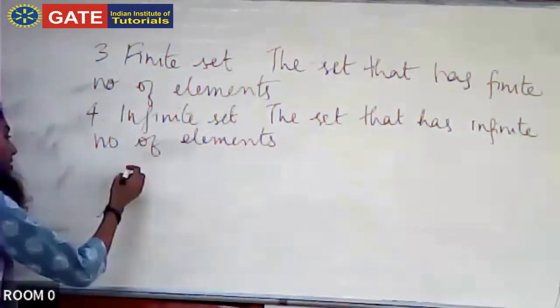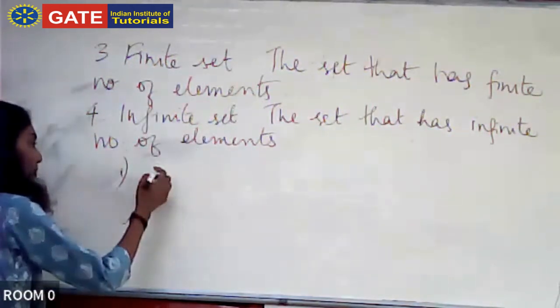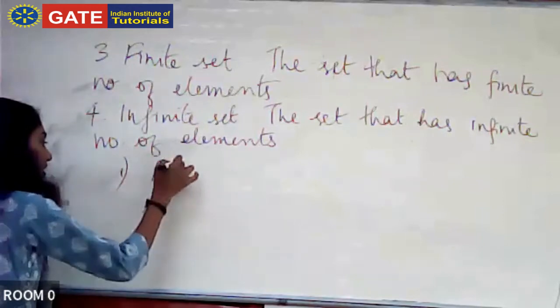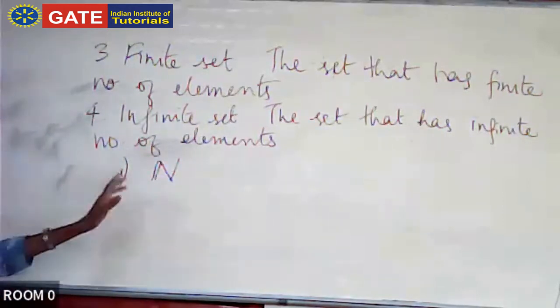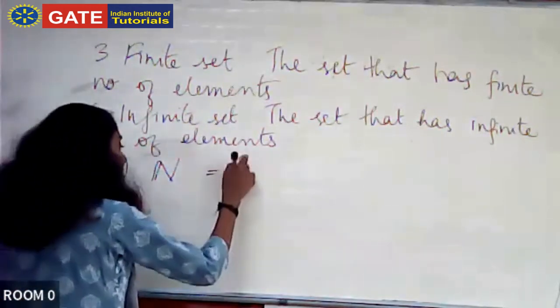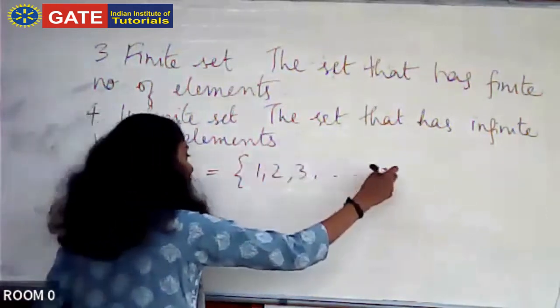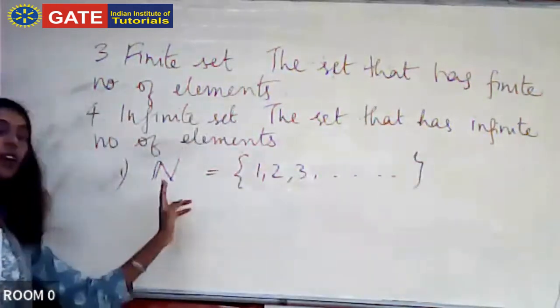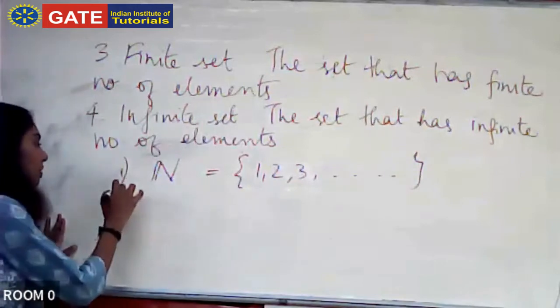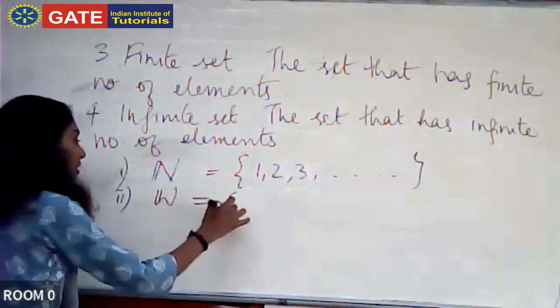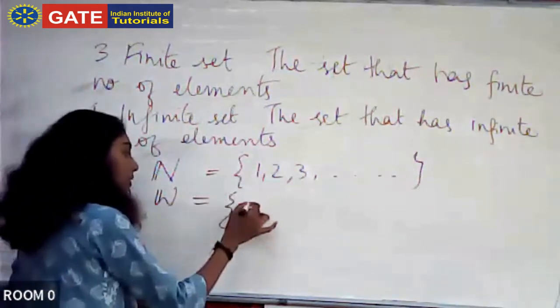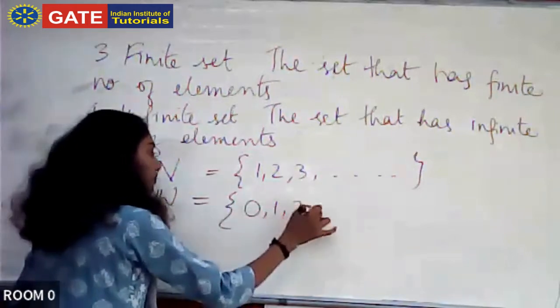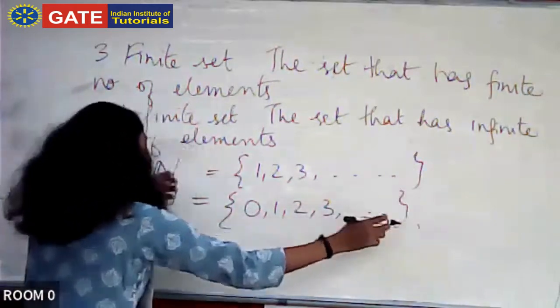First one we will learn is the set of natural numbers, and we denote it like this. The set of natural numbers is an infinite set, and that is 1, 2, 3, 4, etc. So it is the counting numbers. Then second one is the set of whole numbers. That is, along with this, we will put 0. That is the set of whole numbers.